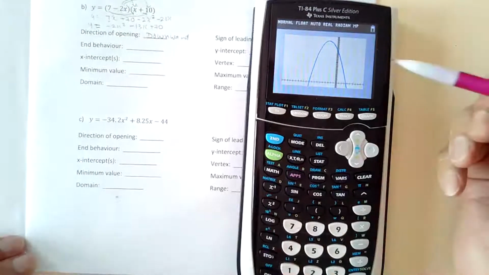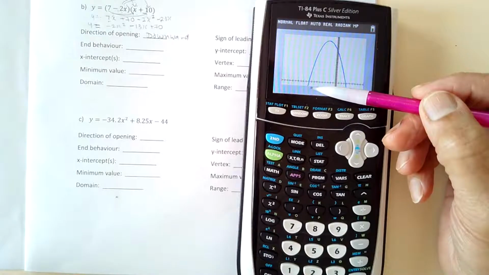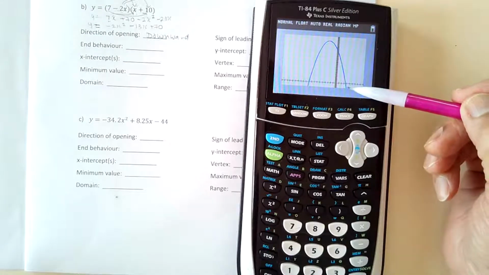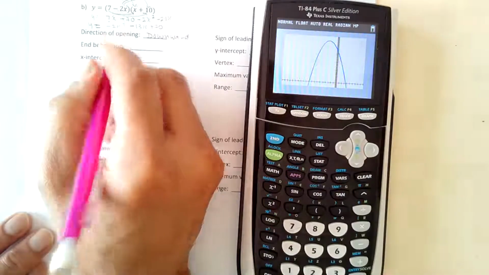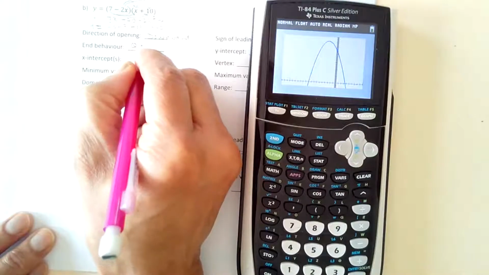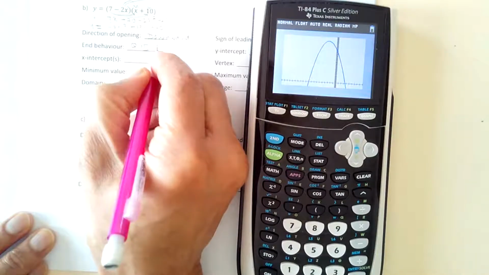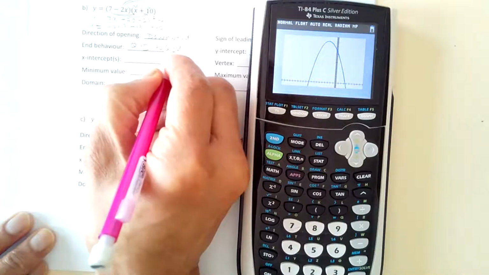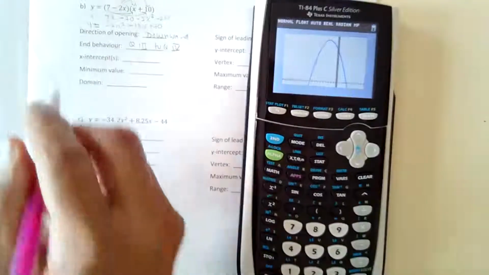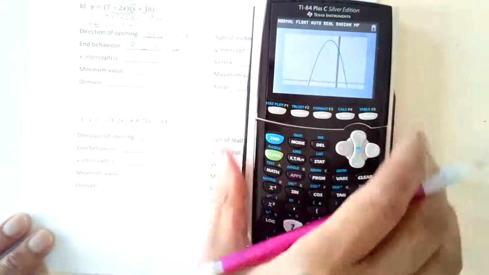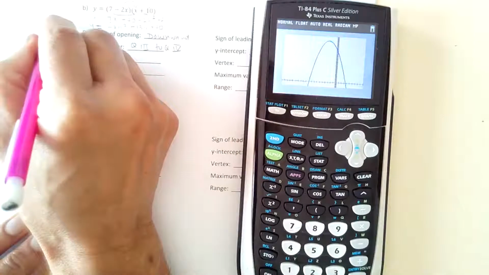The end behavior now is from quadrant 3 to quadrant 4. Remember, let's do a sketch here of it.